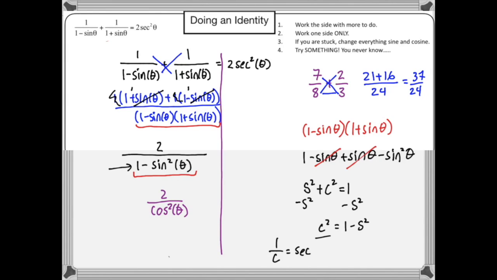And so therefore, since I have 2 of them on the bottom, I'm going to have 2 secant squared theta. And you notice at the end of the day, I got those to look like one another, so I know that I did the identity correctly. So that's another example, and let's do a couple more to get our chops up with these.